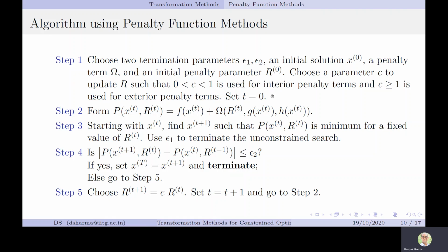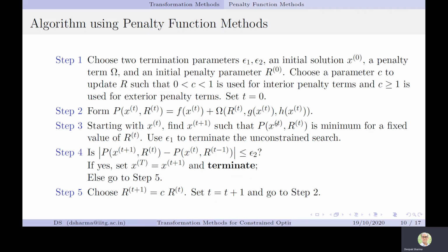So let us take this as our first iteration. In step 2, we make a penalty function. So this penalty function is, you can see, the objective function value at the current point xt plus the omega. Now we have already gone through the interior and exterior penalty terms, so those particular terms will come here. Now starting with, say, xt, we are going to find a new point xt plus 1 in step 3.